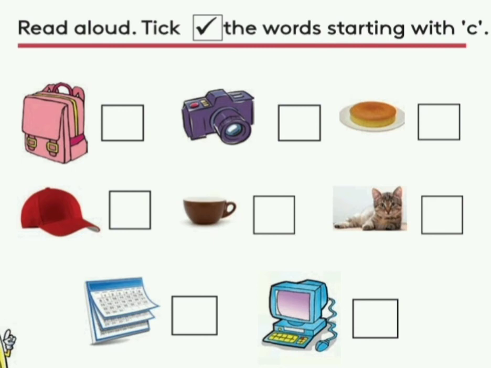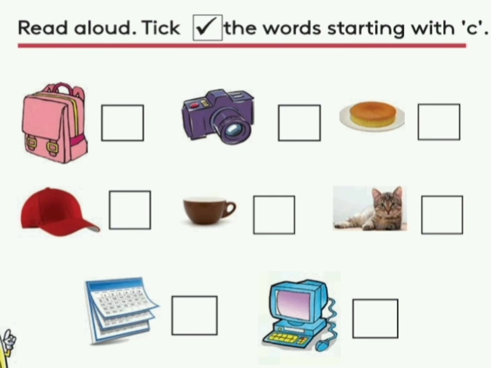Starts with B sound. B for bag. The second one, C for camera. And the third one is a cake. C for cake. And the fourth picture is a cap. Red cap. C for cap.